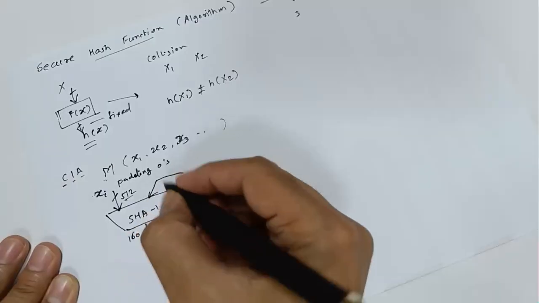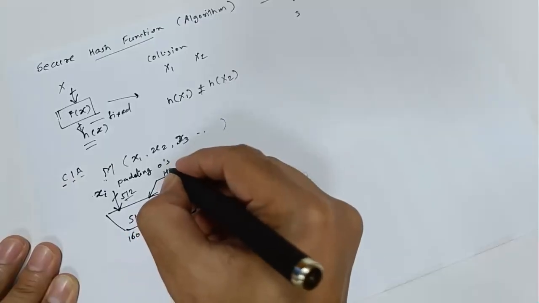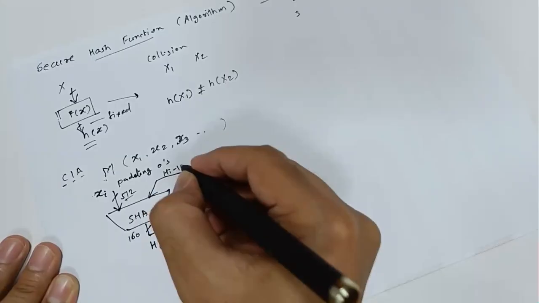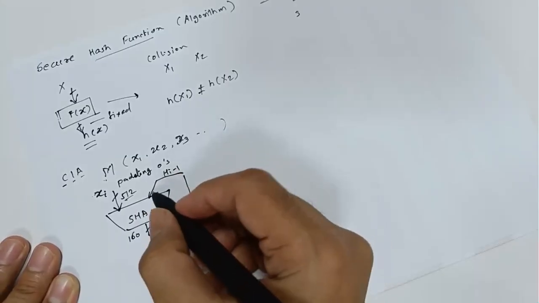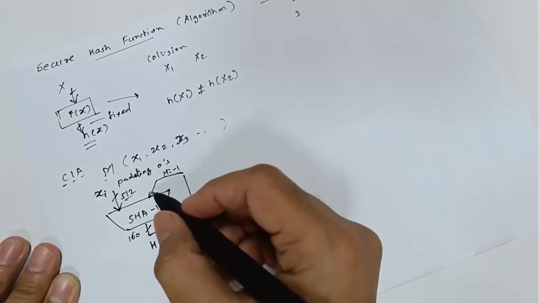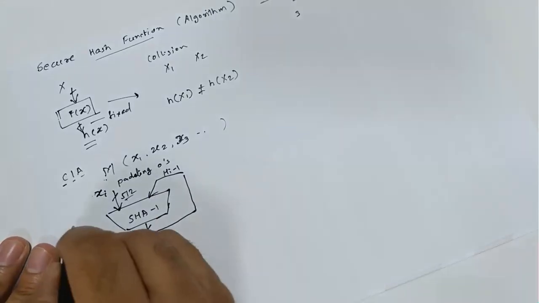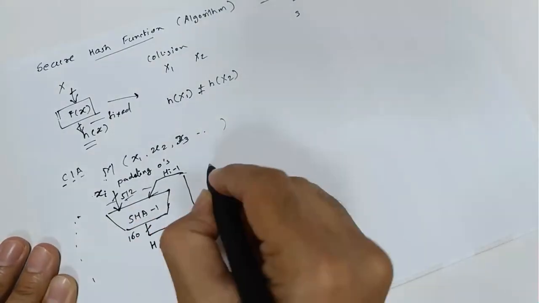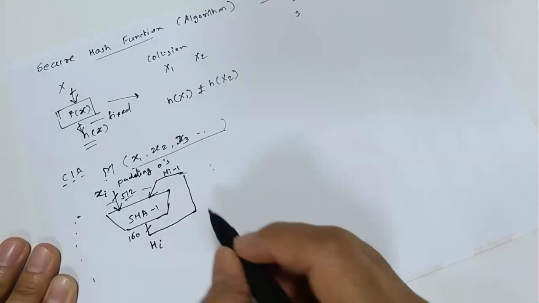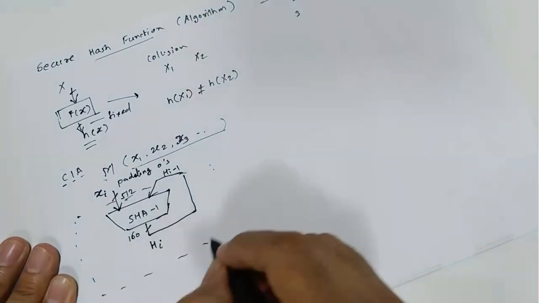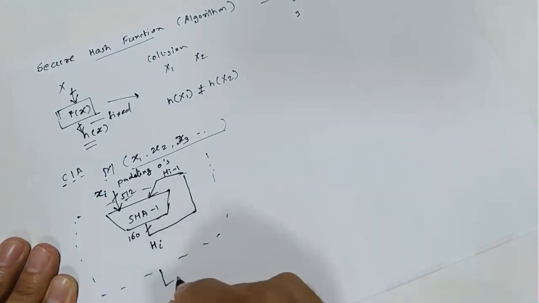So the previous hash value will go back into the process, and once all the blocks are done, the final output will be h of n.